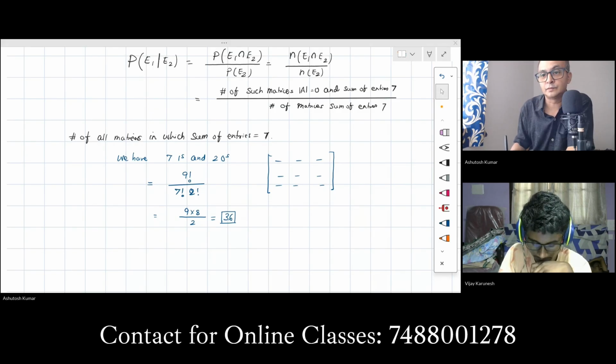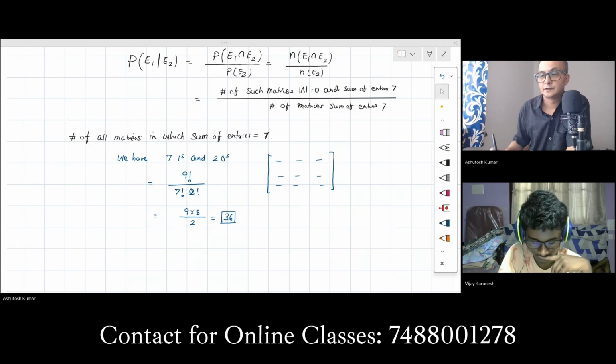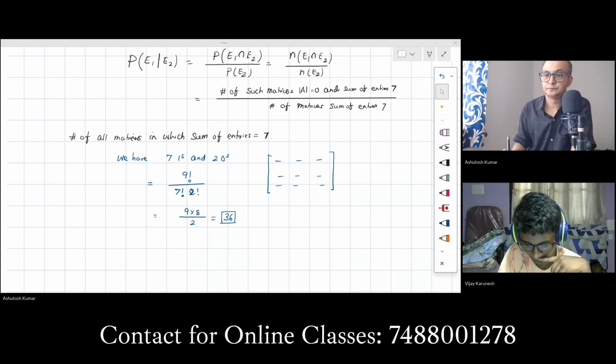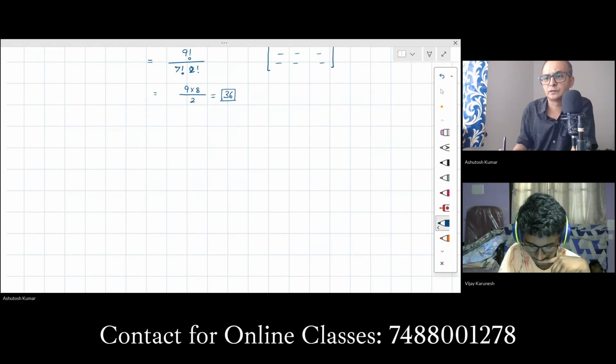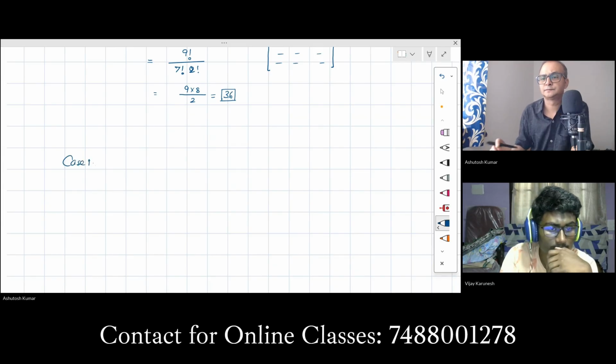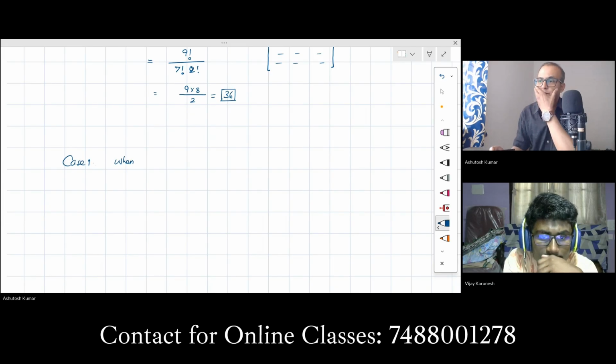If both zeros are in one row, then automatically the 2 rows will be identical, and when 2 rows are identical, the determinant will always be 0. Let me write it. Case 1, when both zeros are in the same row.